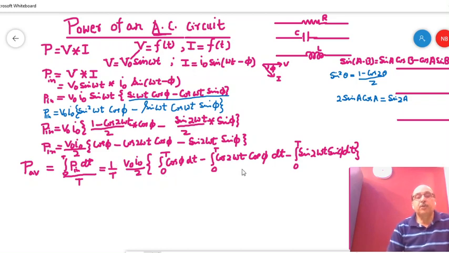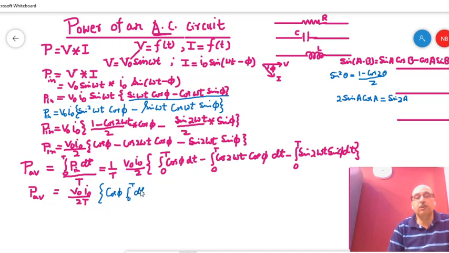Now we have to solve this equation to get the average power. We will get here V naught I naught by 2T into cos phi integration of 0 to T dt.